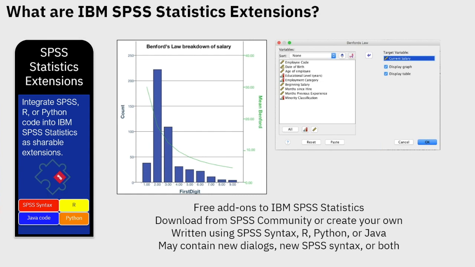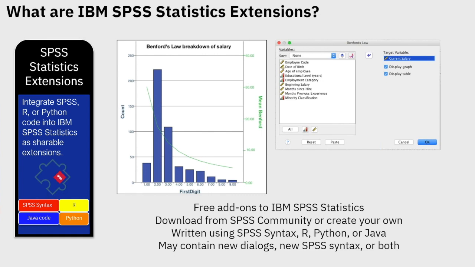In version 27, we released extensions. So extensions was a way to leverage what's written in either SPSS syntax, in R, in Python, in Java. You're able to leverage these within the SPSS solution itself. So if you have at minimum 24, it works better in even the newer versions.